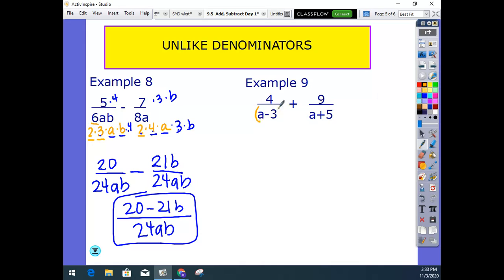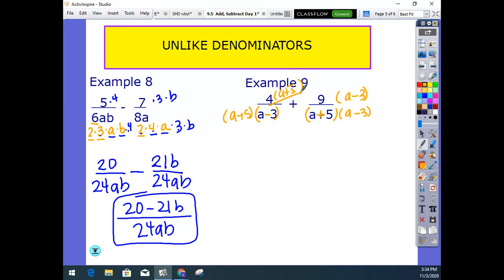Now, this is one factor. The minus connects the A and the 3 together. This is one factor. The plus connects A and 5 together. So this side needs A minus 3, so I multiply top and bottom by A minus 3. This side needs A plus 5, so I multiply top and bottom by A plus 5.